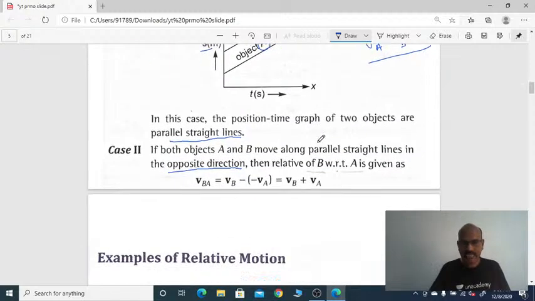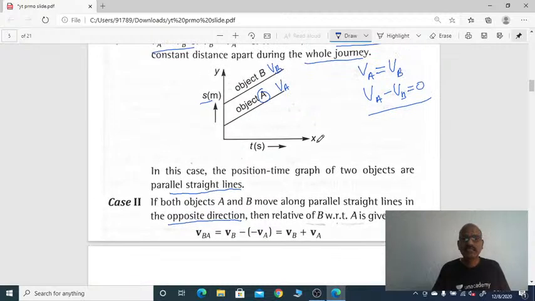The second case, if the objects A and B move along parallel straight lines in opposite direction, this is the important one, then the relative velocity of body B with respect to A is VB plus VA, the sum. So this concept is again very important, keep in mind. So if they move in the same direction, if they move in opposite direction.